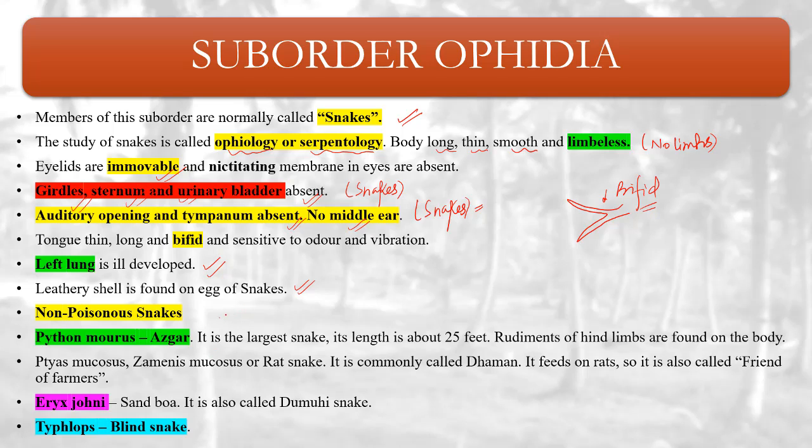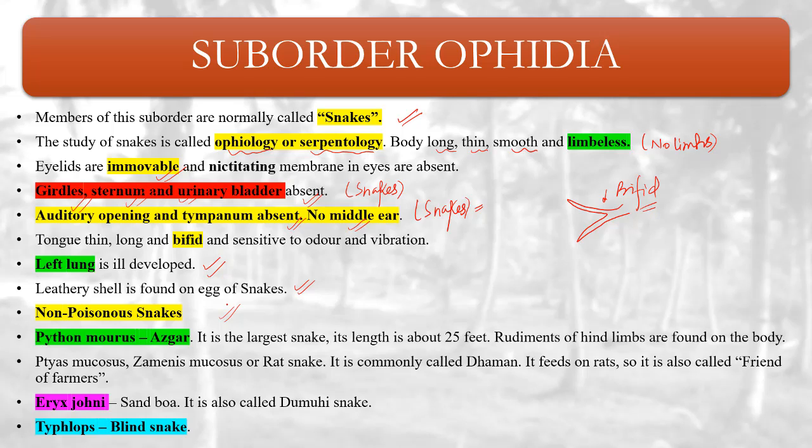There are two types of snakes, non-poisonous snakes and poisonous snakes. Non-poisonous snakes basically include many different snakes. I will also tell you how you can identify a poisonous and a non-poisonous snake.